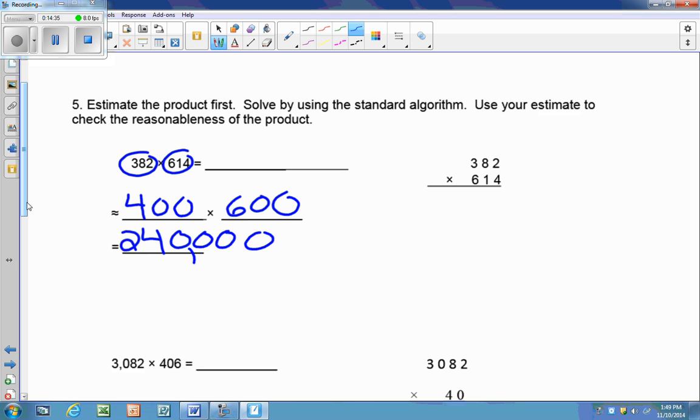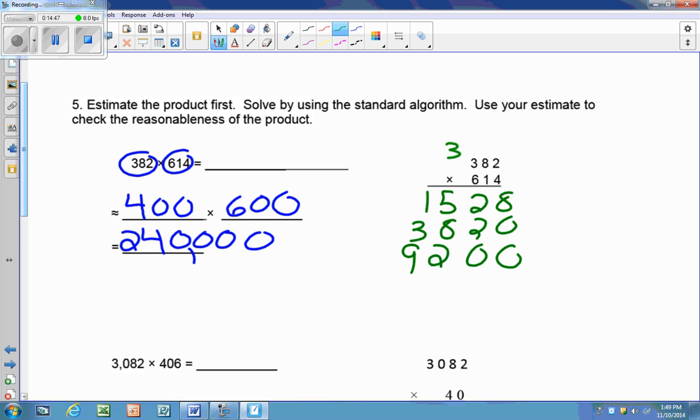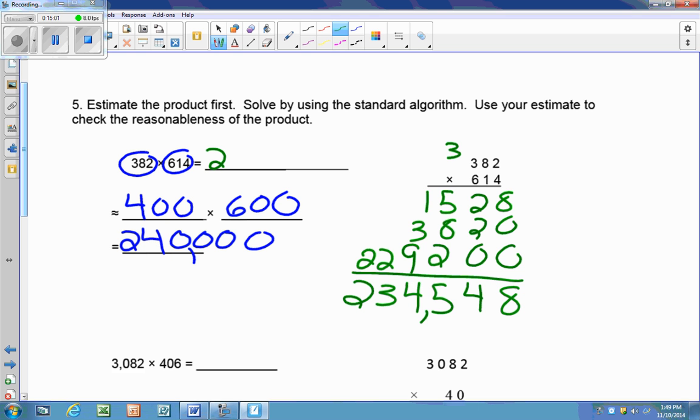Now I'm going to solve my actual. I'm going to add them all up. And my actual is this.